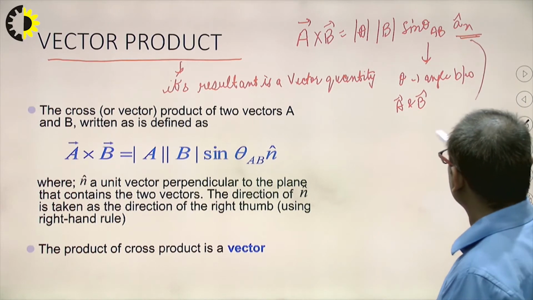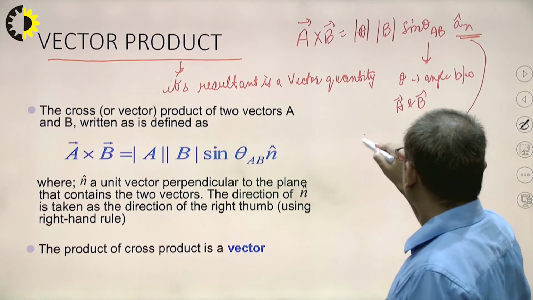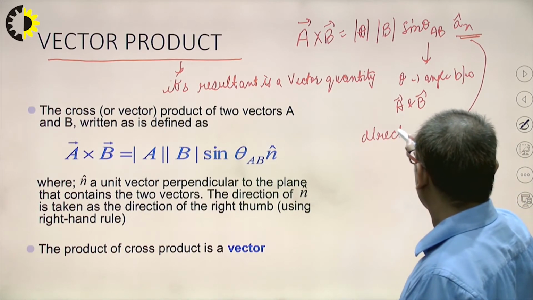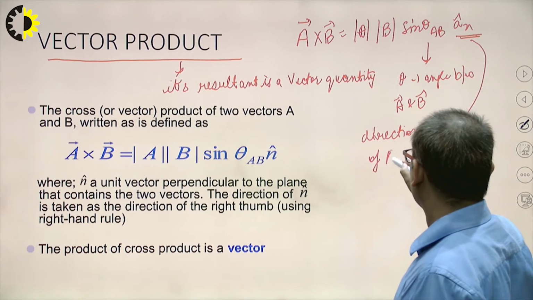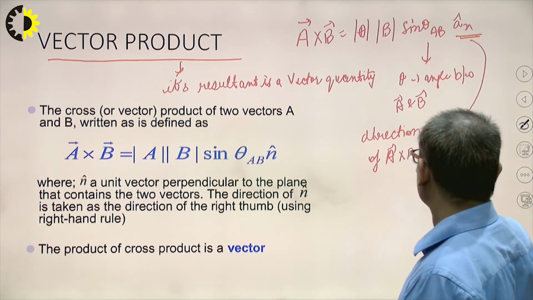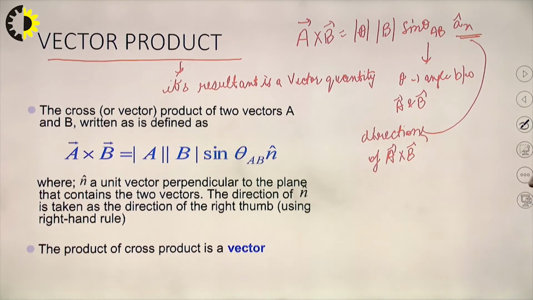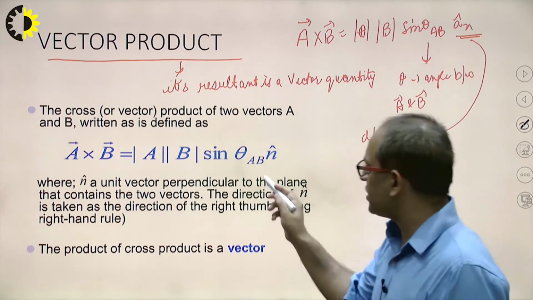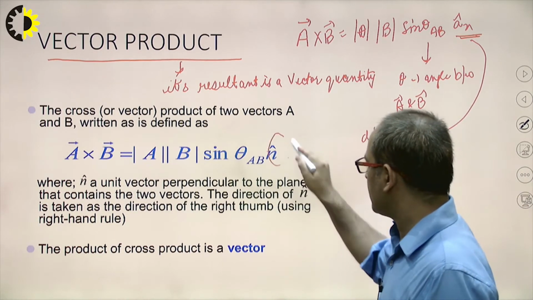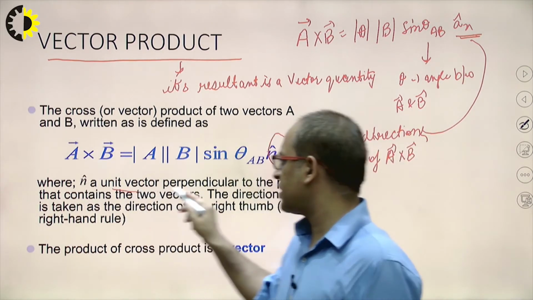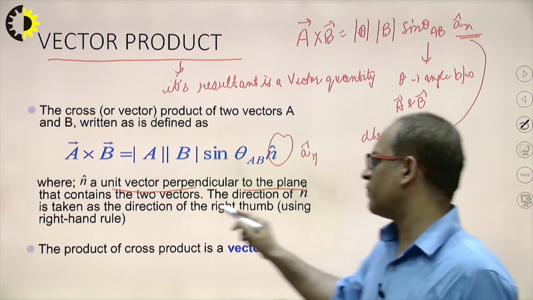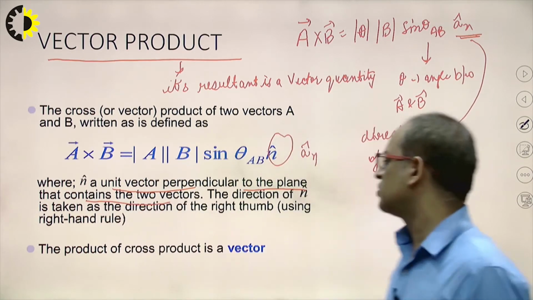A cap n defines the direction of A vector cross B vector. Clear? And what does this direction show? This a cap n is a unit vector which is perpendicular to the plane that contains the two vectors.